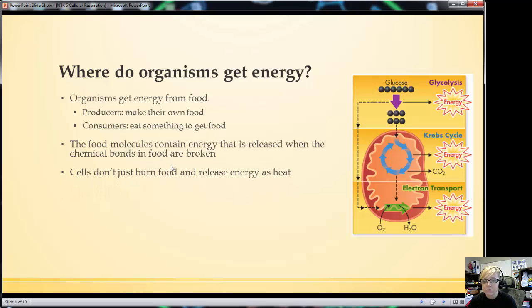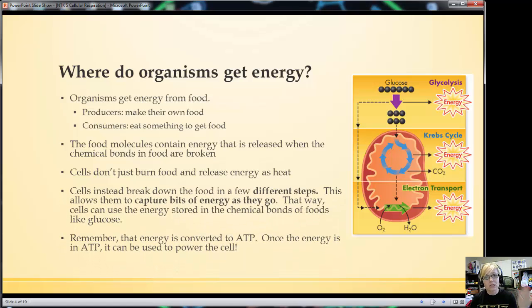Cells don't just burn food and release energy as heat. It isn't like a really quick process. Instead, they break them down. Our cells are going to break down that food in a series of stages. We have multiple steps. That's kind of what this image is showing us, right? Looks like there's 3 different stages of cellular respiration: glycolysis, the Krebs cycle, and the electron transport chain.